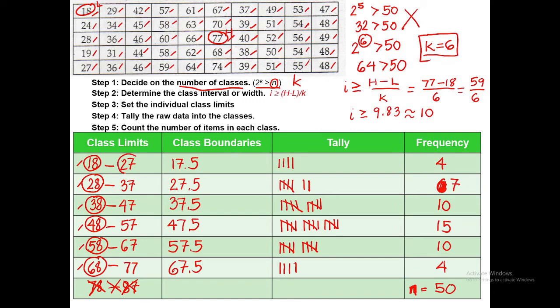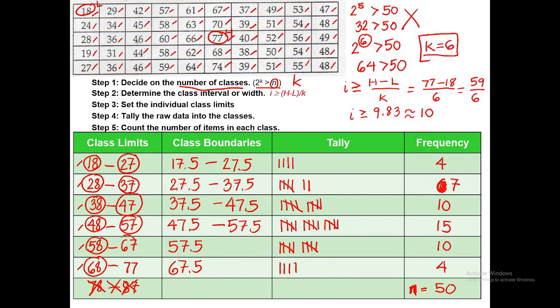For the upper class limit, we add 0.5. So what is 27 plus 0.5? 27.5. 37 plus 0.5. Okay, do the same thing with this. How much? 47.5. The next one, 57.5.